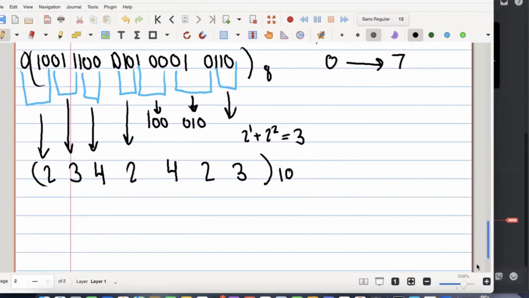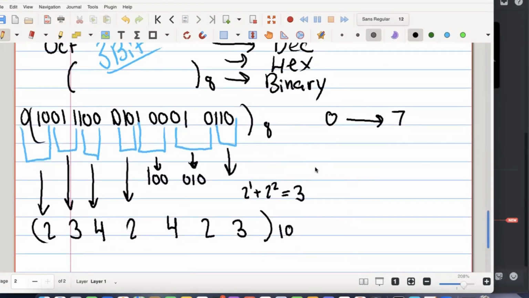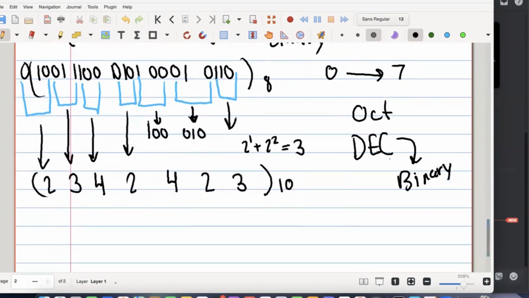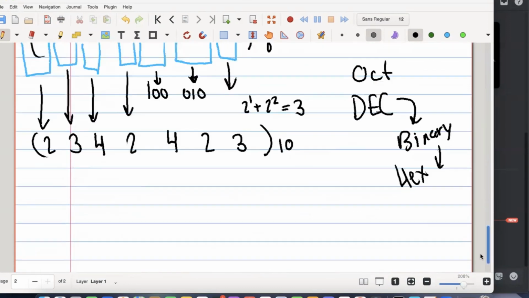How I would do this is now we have octal and we have the decimal number to work with. I would use the decimal number to find the binary, which then I would use to find the hexadecimal. And we already covered binary to hexadecimal conversion in the previous question.